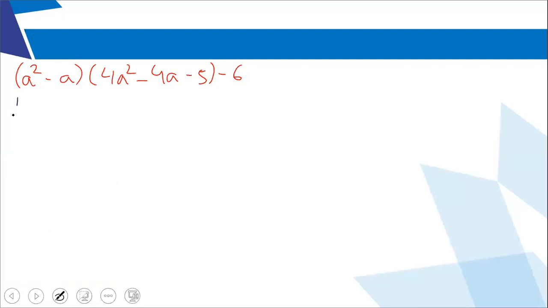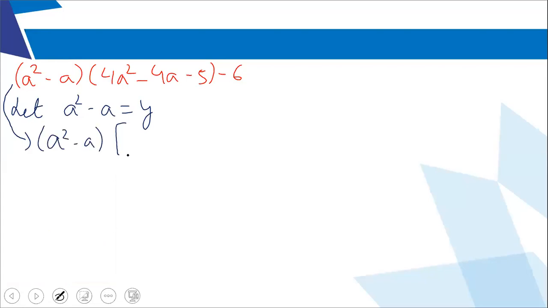So what I will do is write let a square minus a is equal to y. I will write this expression like this: a square minus a in the first bracket copied as it is. Out of the first two terms in the second bracket, I will take 4 common, and here I will write a square minus a, and minus 5 minus 6 is copied as it is.